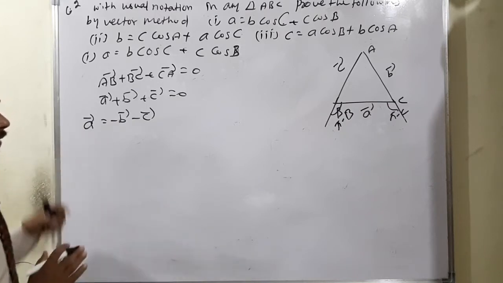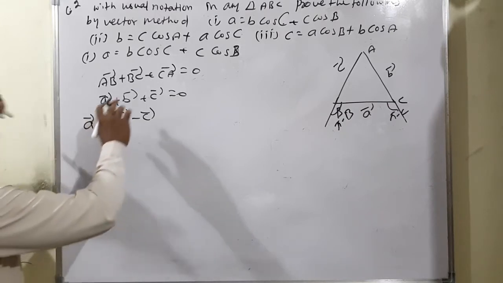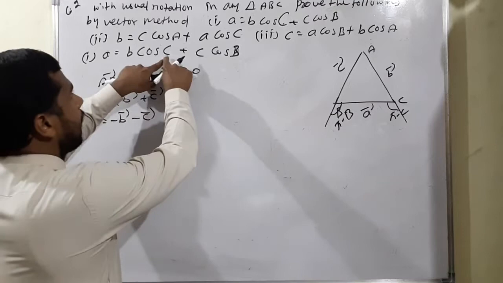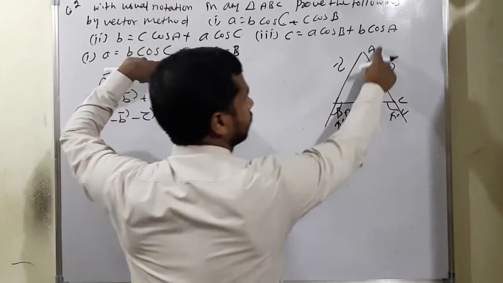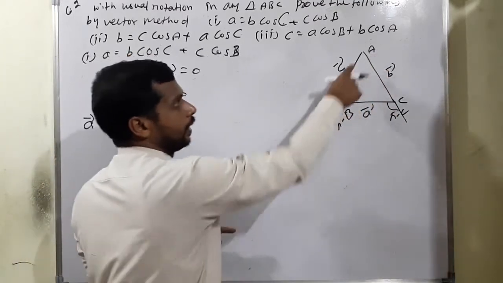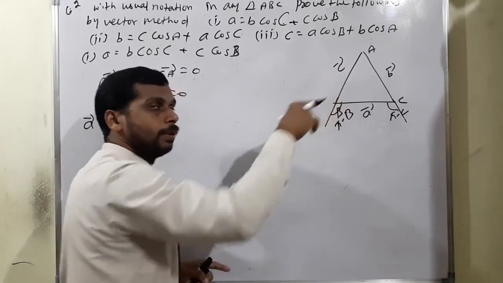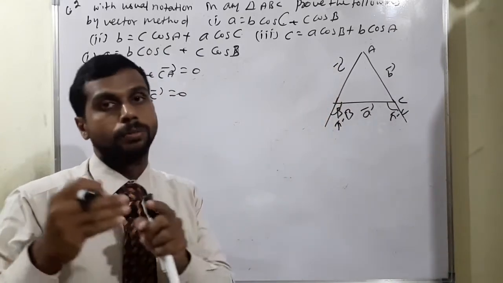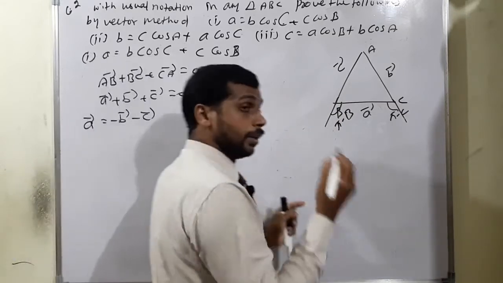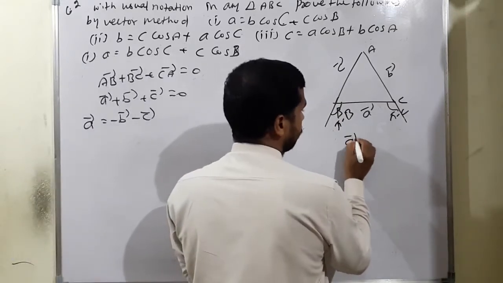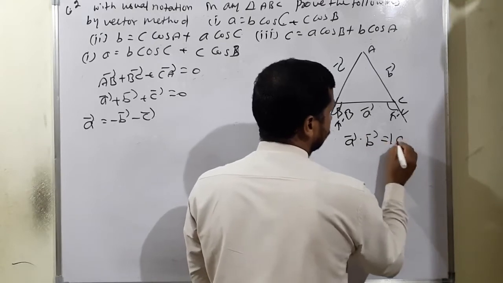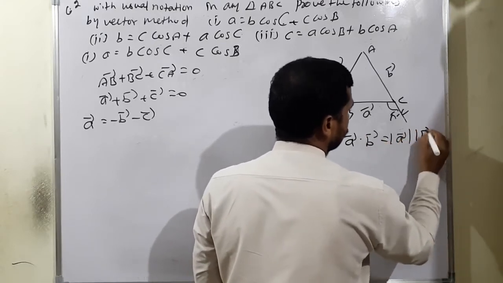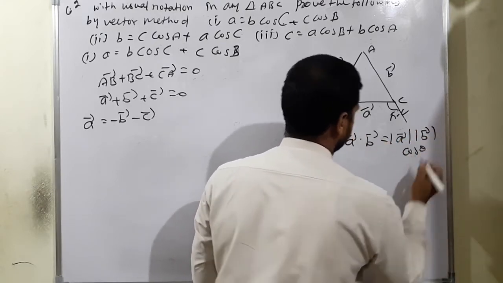After finishing these 3 steps, look there: for angle of C, the opposite side, we need a dot b. Dot of a and b, we already know, means modulus of a into modulus of b into cos theta, isn't it?